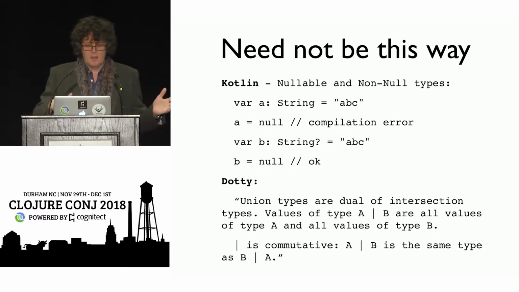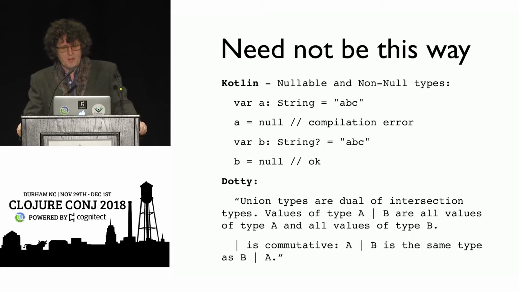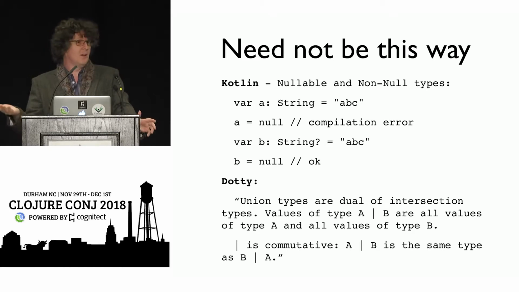Dotty, the successor to Scala, that the Odersky team is working on, has union types in their plan. And it says of union types this: union types are the dual of intersection types. Values of type A, I'm going to say or, because I think it matches, or B are all values of type A and all values of type B. That's set union, right?